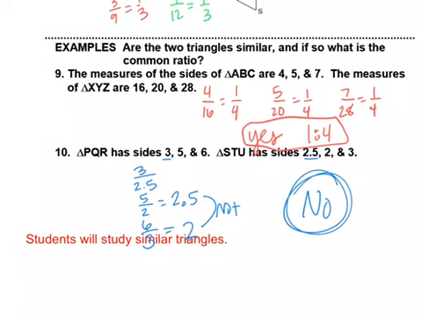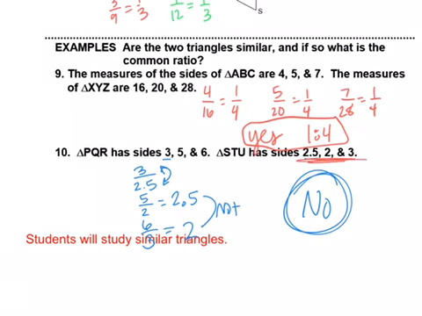Now, when you are looking to find the common ratio, it really doesn't matter which triangle, because here they haven't said ABCD is similar. They haven't told you which one goes in the front and which one goes in the back. So if you were mixing these things up and you put 2.5 over 3 and 2 over 5 and 3 over 6, that's fine as long as you stay consistent.